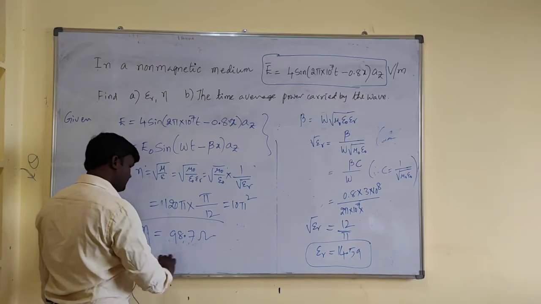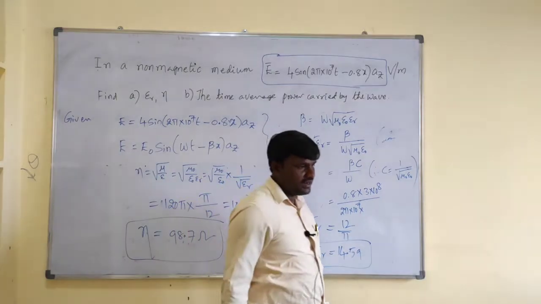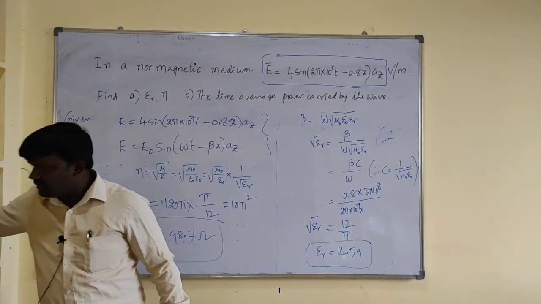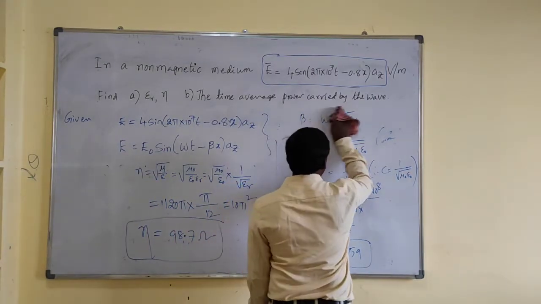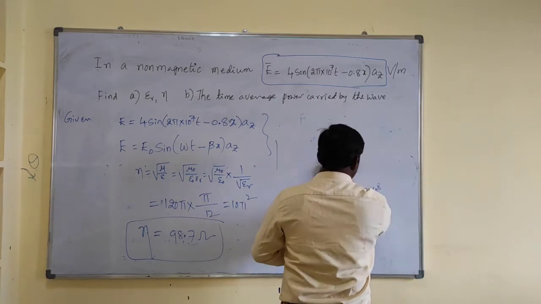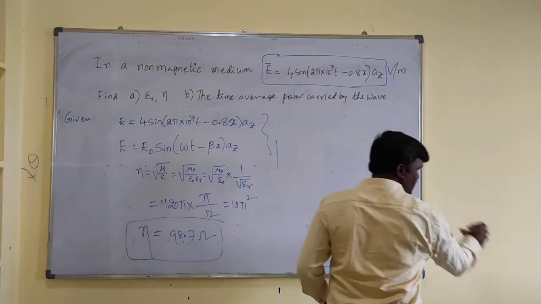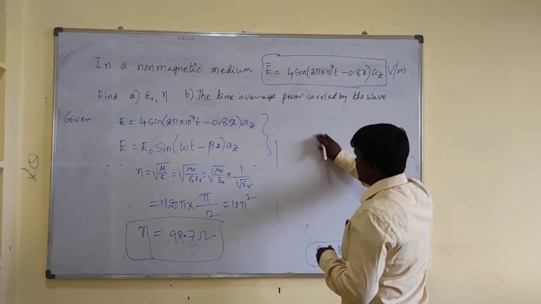This is eta. Next, the time averaging Poynting vector. This can be calculated.